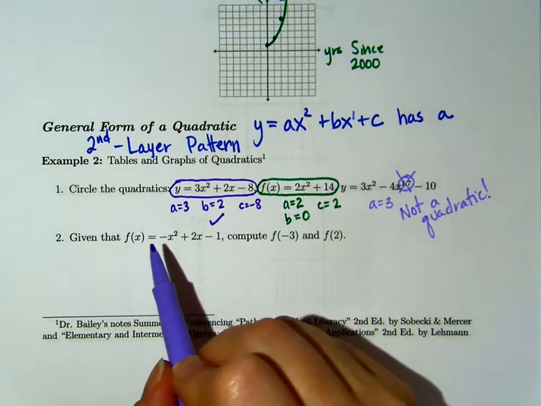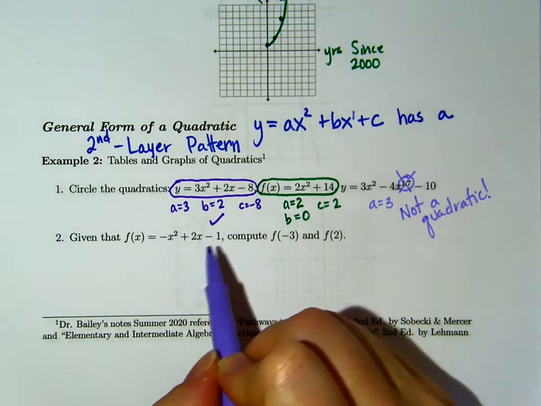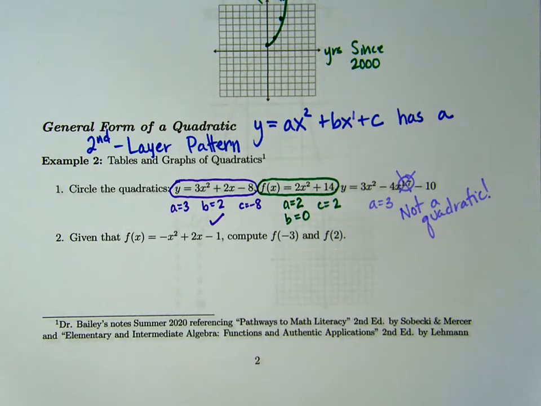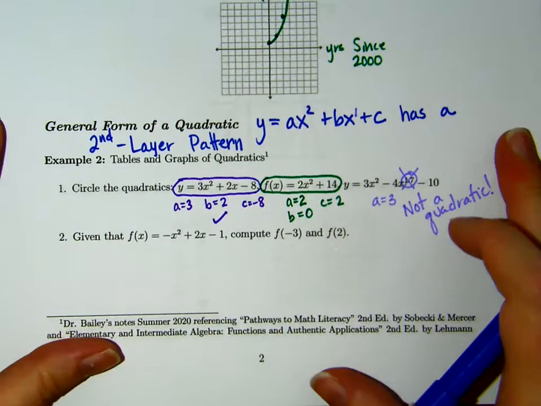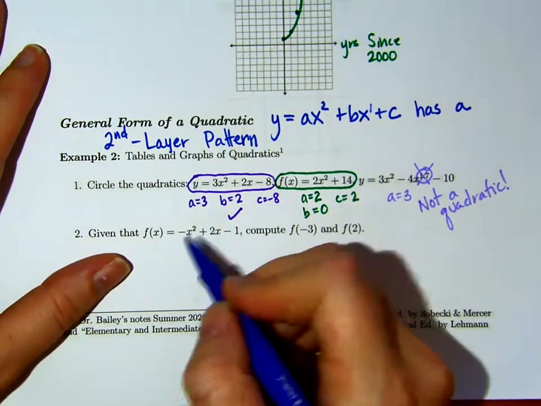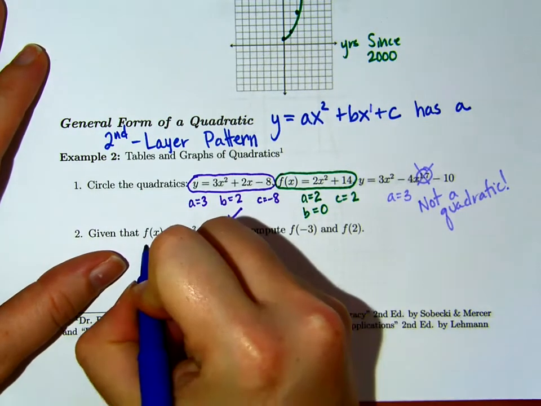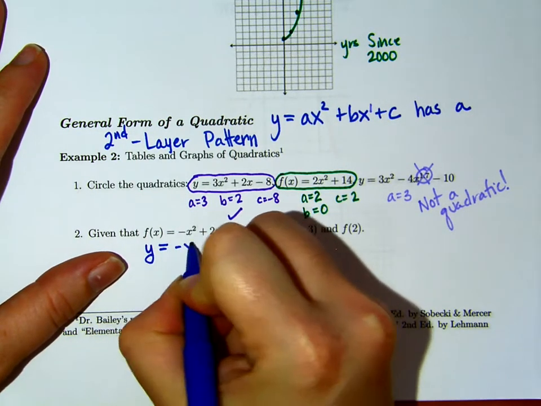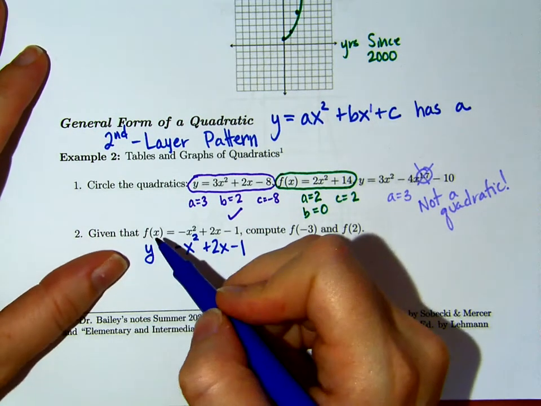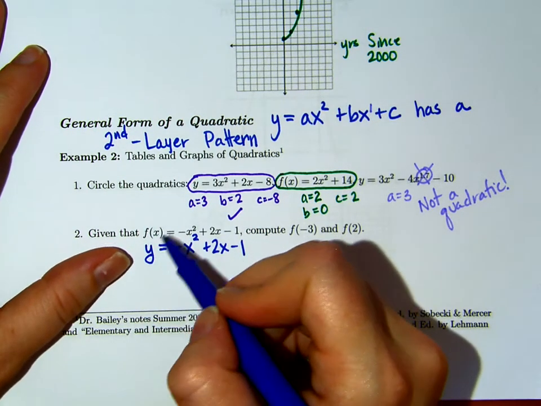Given that f of x equals negative x squared plus 2x minus 1, compute f of negative 3 and f of 2. Okay, so back to this function notation and just being at ease with it. Let me rewrite this a little bit. Remember that f of x is just a name.